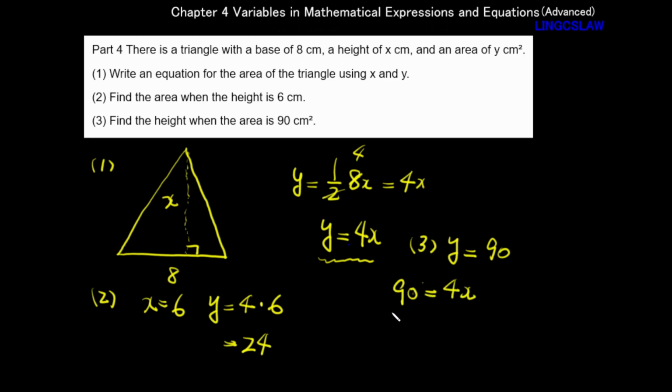Let's divide both sides by 4 and turn around. x equals 90 divided by 4 equals 45 over 2.